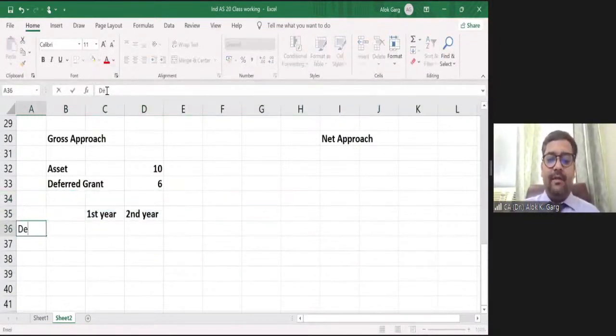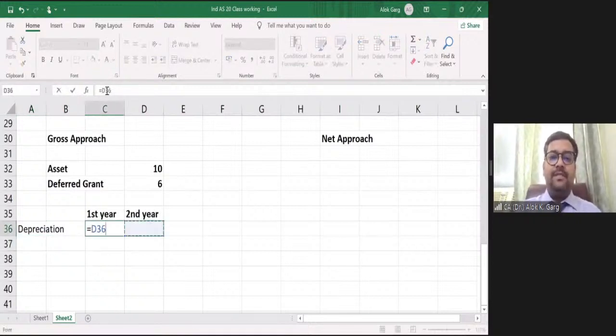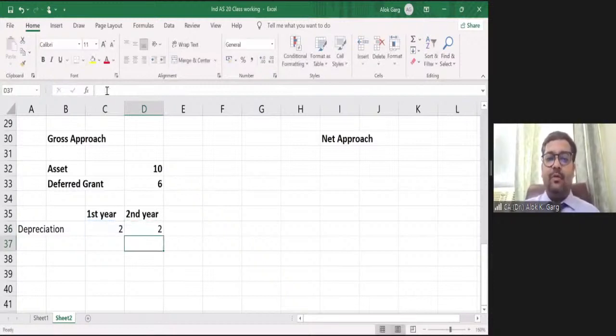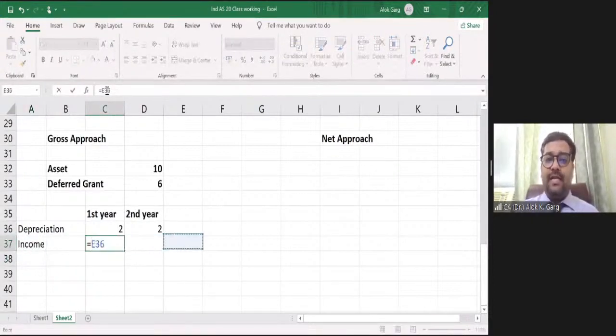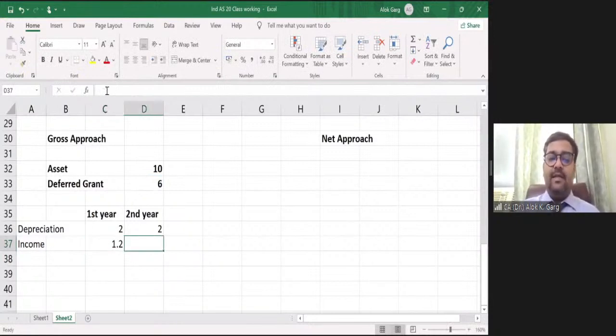When I say depreciation, in the first year, the depreciation is 10 divided by 5. In the second year, the depreciation is again 2 lakh rupees. In the first year, the income will be, this grant has to be amortized over a period of 5 years, 6 divided by 5, 1.2 lakhs. In the second year, same 6 divided by 5, 1.2 lakhs.